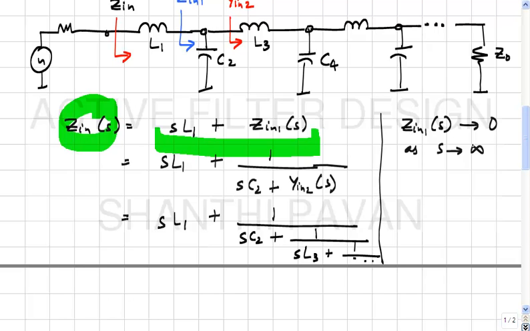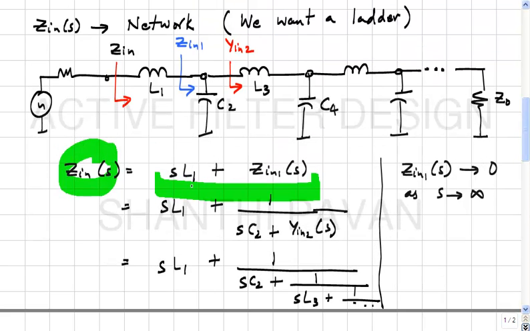So, if Zn1 of s does not tend to 0 at s equal to infinity, then you cannot get L1. Okay. In other words, this L1 is simply the residue of Zn of s at its pole frequency. Does that make sense? At the pole frequency of Zn of s, or at the 0 frequency of Zn1 of s. You understand?